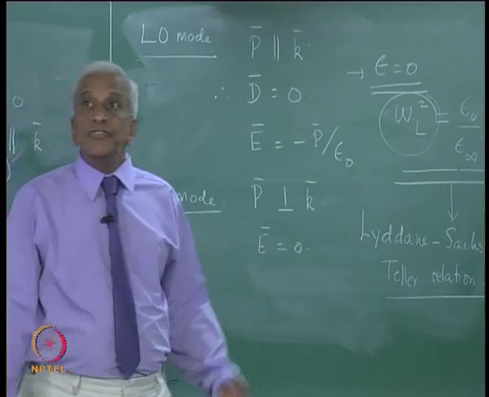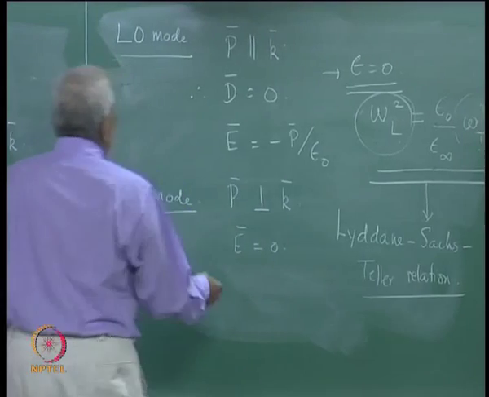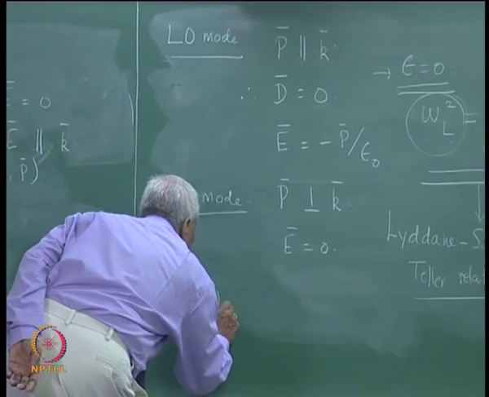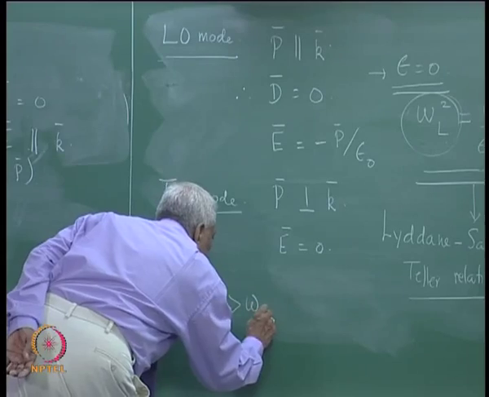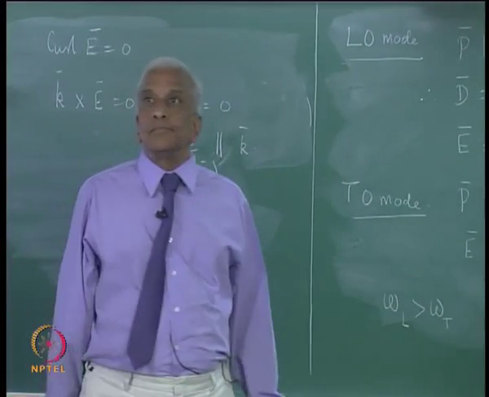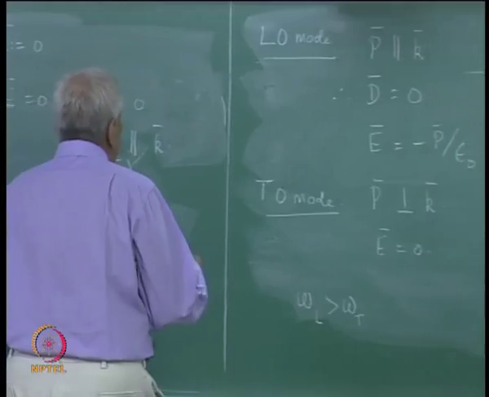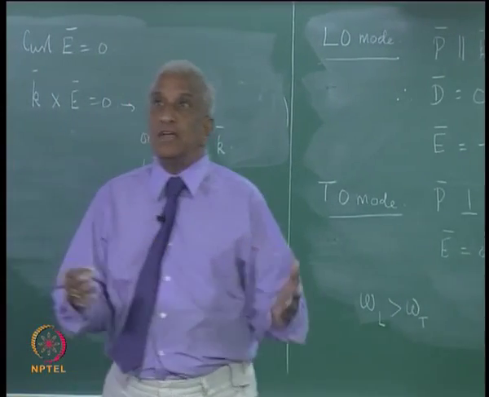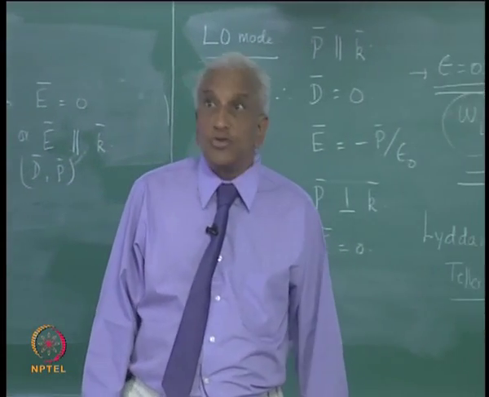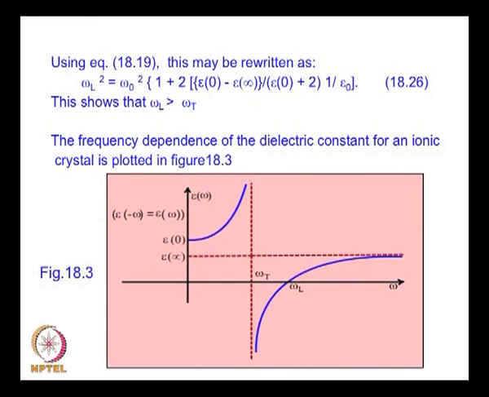Now, this in general gives omega L usually greater than omega T. So, the variation of the frequency dependent dielectric constant for an ionic crystal is shown in the next figure, and one can see that in the frequency range between omega T and omega L, there is again a negative dielectric constant, and the ionic crystal is highly reflective.